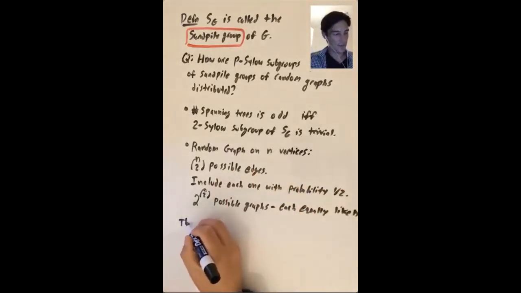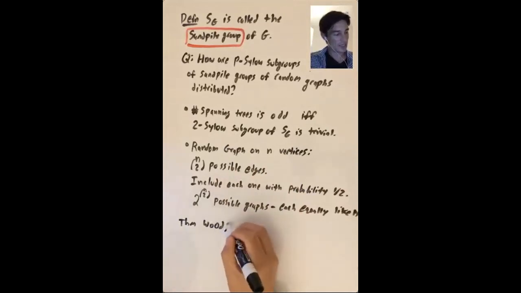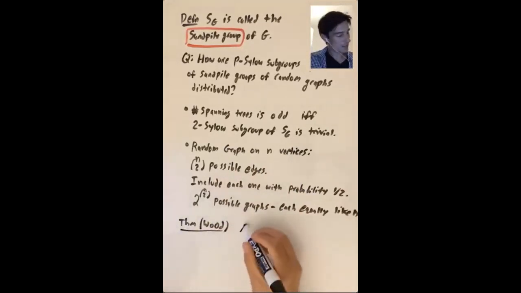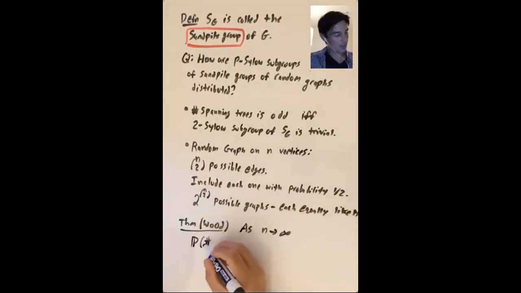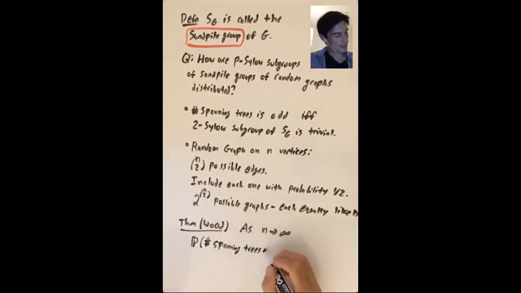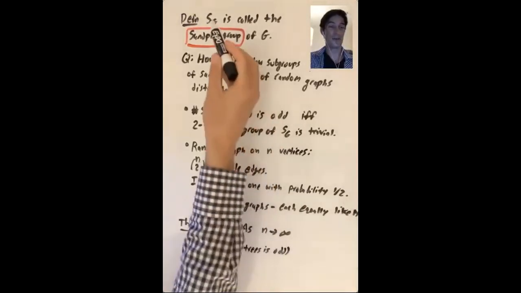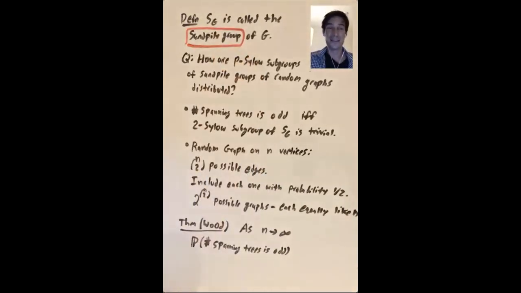And there is this very cool, relatively recent theorem of Melanie Matchett Wood that says, as n goes to infinity, the probability that the number of spanning trees of a random graph chosen in this way is odd, or equivalently, the probability that this group S(G) has no elements of even order, of 2-power order at all, is equal to a product, where i is greater than or equal to 0, of 1 minus 2 to the negative 2i minus 1 power.